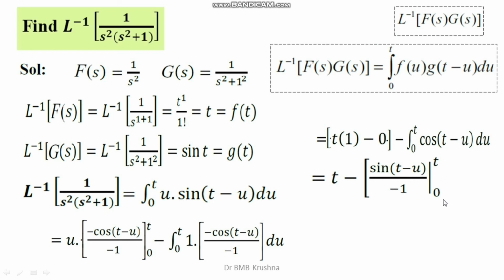So negative of negative is positive. When u is replaced with t, sin 0 is only 0, minus when u is replaced with 0, it would be sin t. After simplification, we get t minus sin t. Hence, the required inverse Laplace transform of this function by the convolution theorem is t minus sin t.